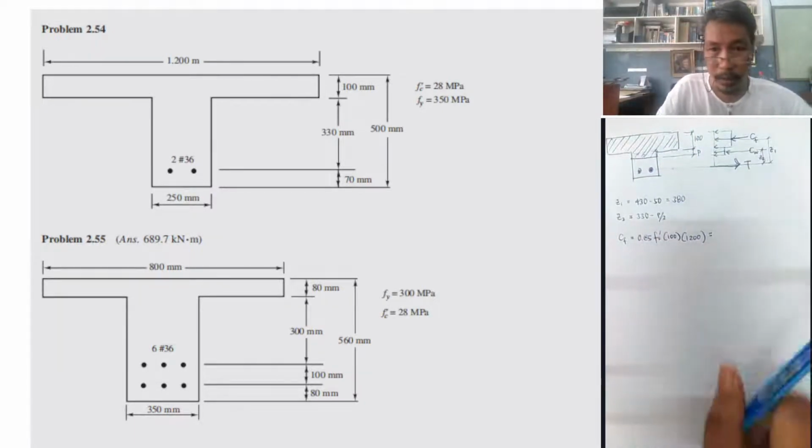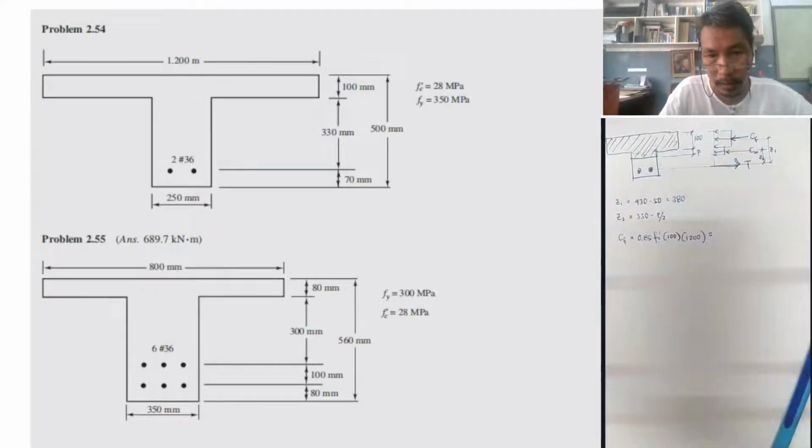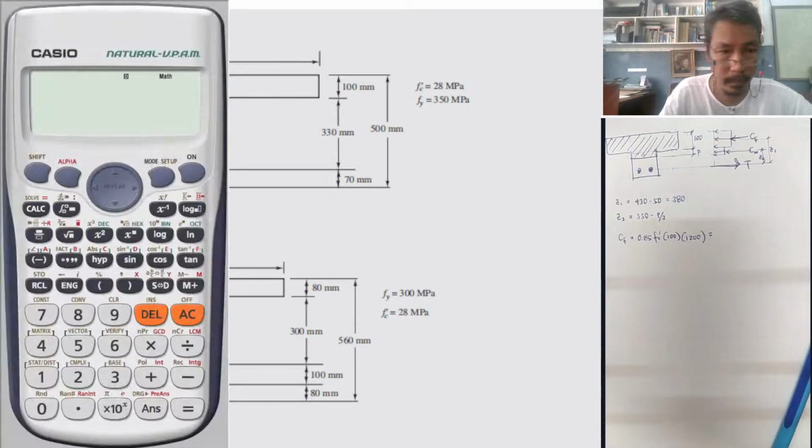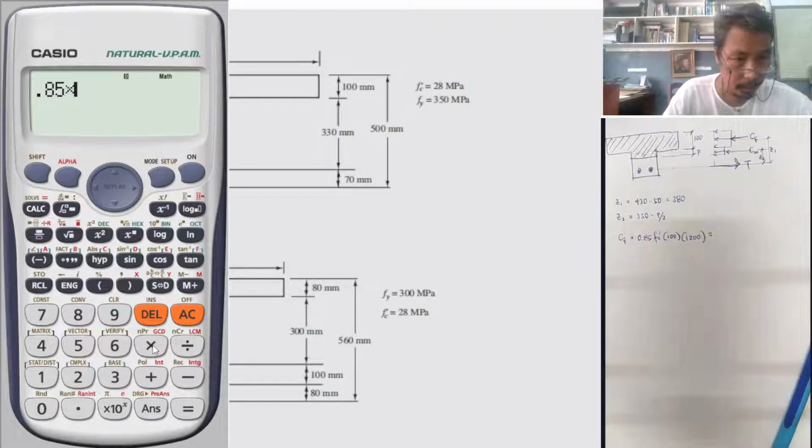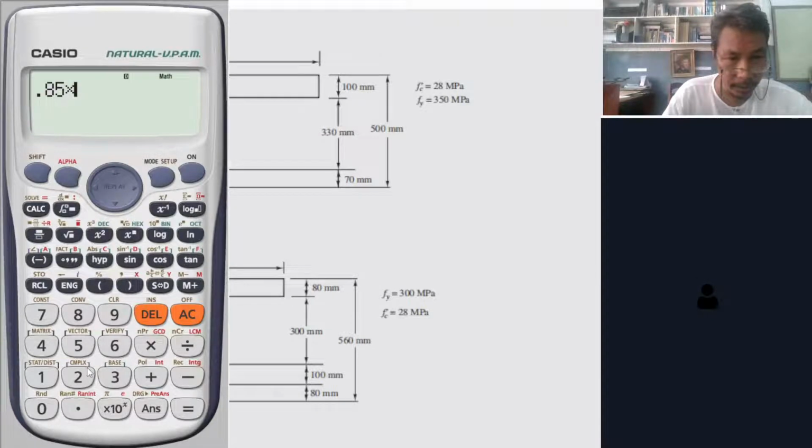Let us multiply this using the calculator: 0.85 times f'c, given as 28, times 100 times 1,200.